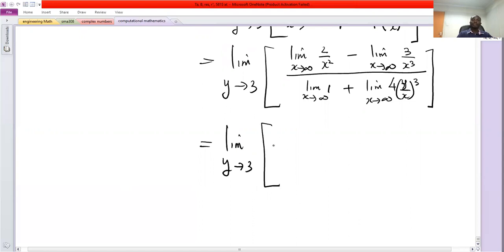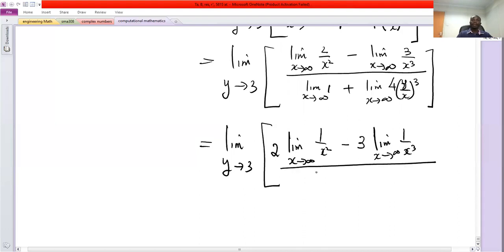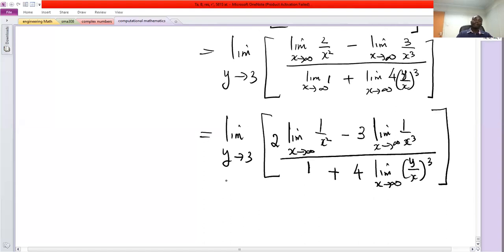Now, this is the same as writing 2 times the limit as x approaches infinity of 1 over x squared minus 3 times the limit of 1 over x power 3 as x approaches infinity, over the limit of 1 as x approaches infinity, which is just 1, plus 4 times the limit as x approaches infinity of y over x cubed. So this will be the limit as y approaches 3.